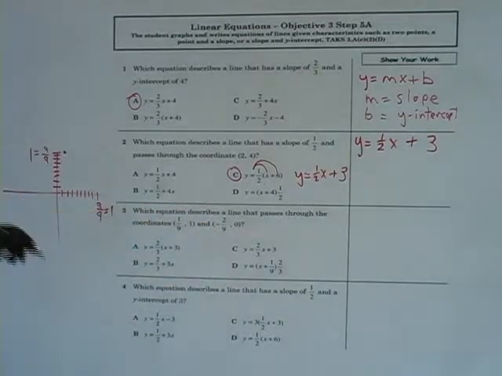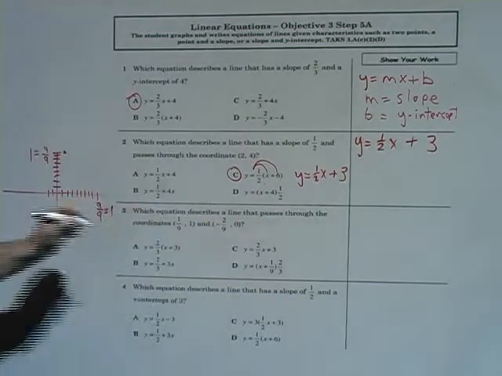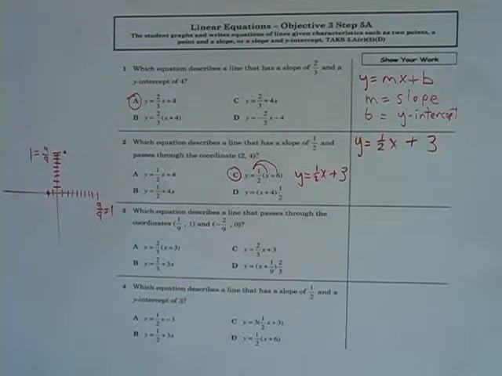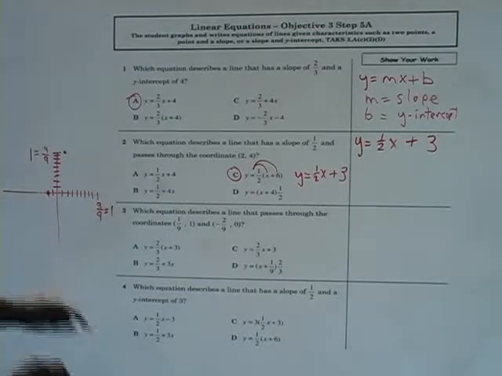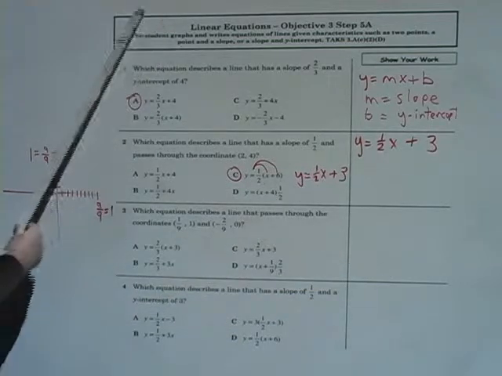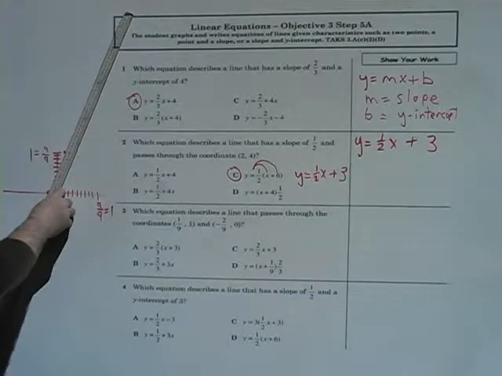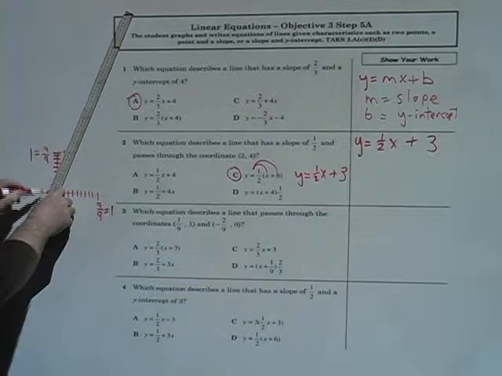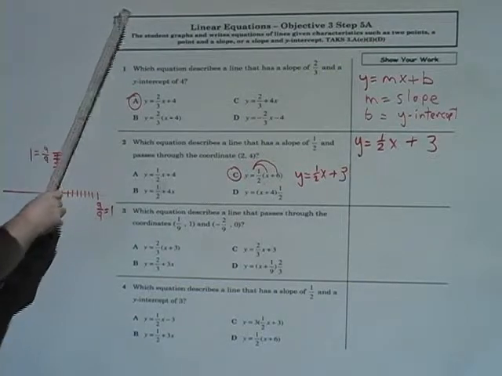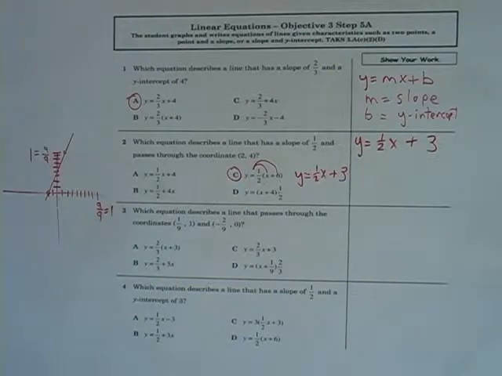And then here we have -2/9, 0. So -2/9 is going to be this way, and then the y is 0, so it's just going to be right here. Okay, so there we've got our 2 points. So now we can draw a line between those. And this is not going to be drawn to scale, but we're going to get a pretty good idea of what that line should look like.